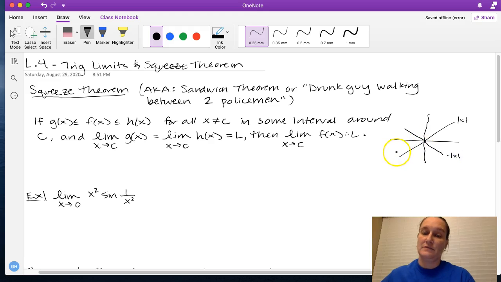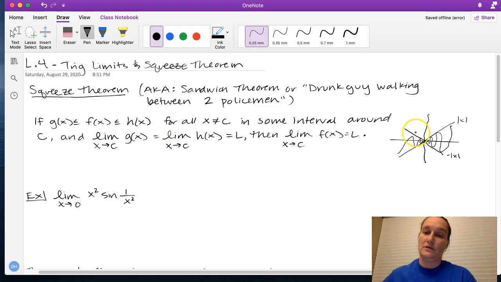And then you have some function that's between them. Usually it's a trig type function that is oscillating, maybe like sine of 1 over x, though that wouldn't quite work, but something like that. It's oscillating, but it's trapped between those two functions. So that's what this is saying: you've got some function that's trapped between these other two functions.